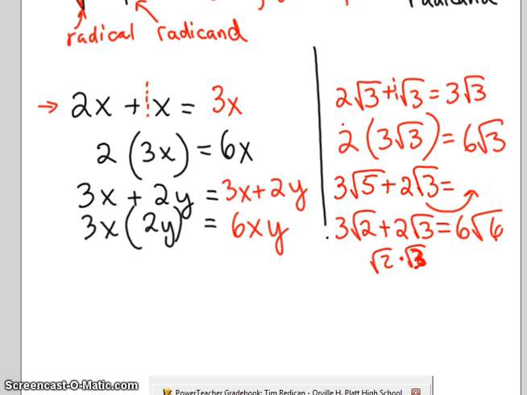So there's my answer for that one. The change here is x times y, we don't really know what x and y is, but we do know what 2 times 3 is, and that's 6. So it's a little change.